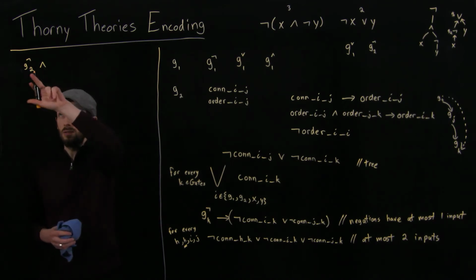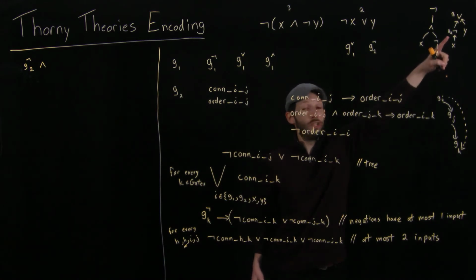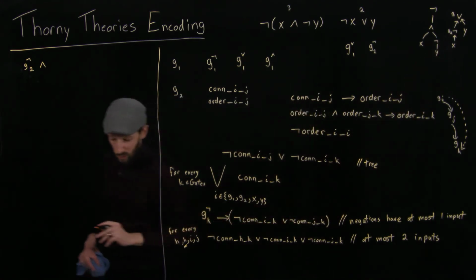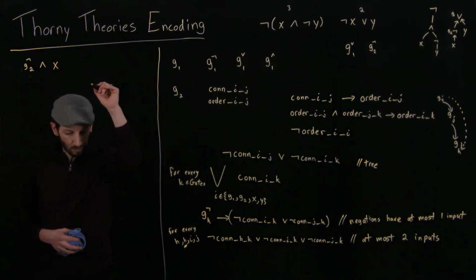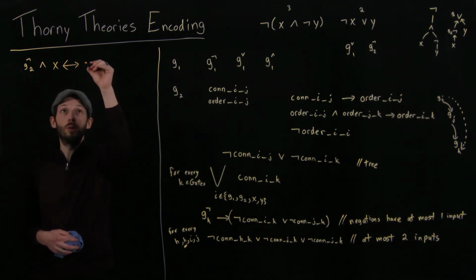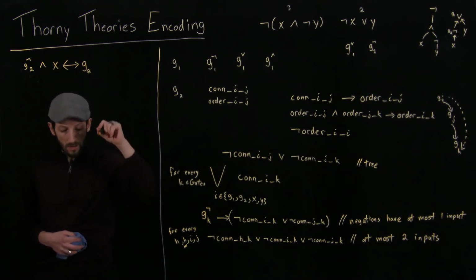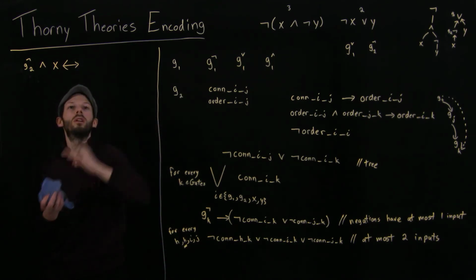So if G2 is a negated gate, its input is going to be X. So if G2 is negated and we have X, then the output of G2, which is just G2 without any sign, this means the actual output of that gate, should be the negation, right? Because X is true.